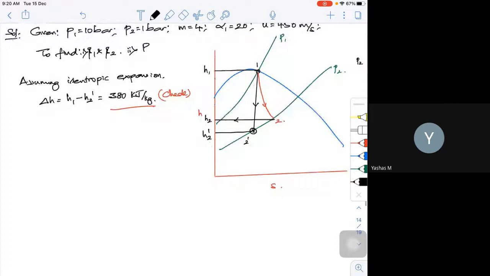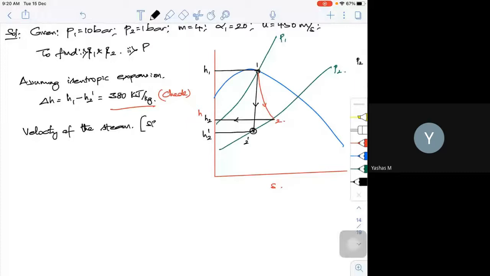Once we have this, I can find the velocity of the steam. This we get from the steady flow energy equation. Go back and see that the velocity of the steam depends on the enthalpy transfer, V1 square minus V2 square, from the SFE equation.